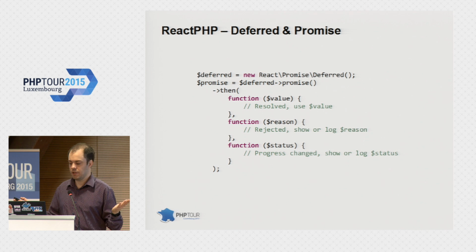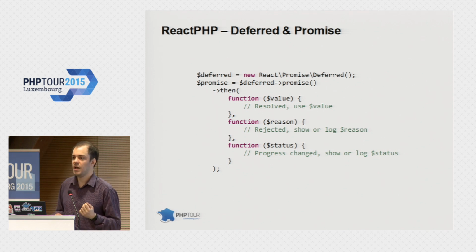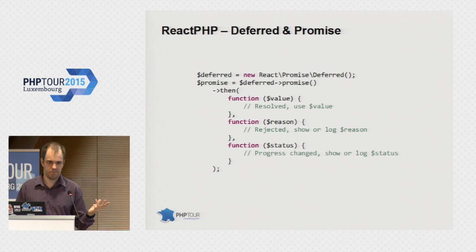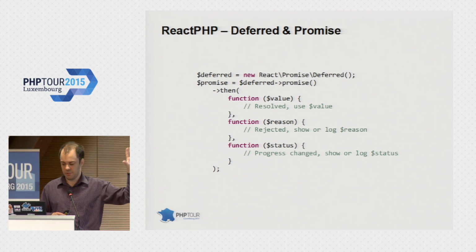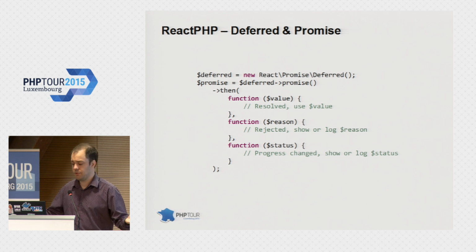So the thing you do is you say new React promise deferred. So basically you're saying, I'm going to do some action here. I'll show an example of actual code later. And then you have that deferred, that action that needs to be performed, whatever it is.